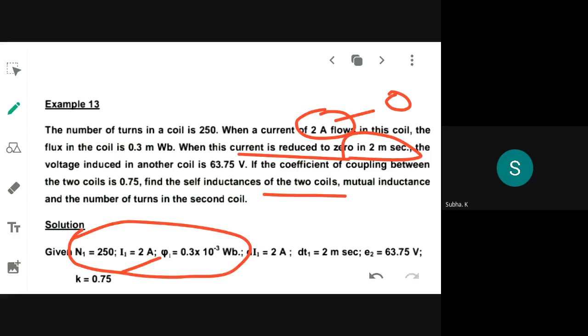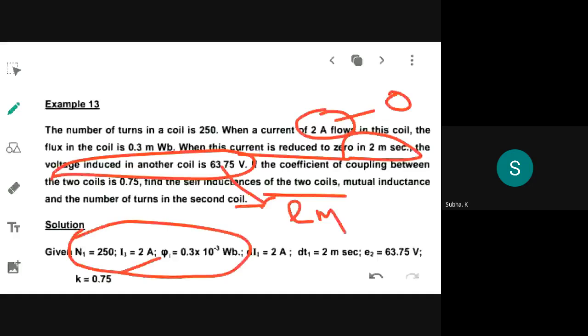Okay, and the voltage induced in the other coil, is that mutually induced EMF or self-induced EMF? Mutually, ma'am. Mutually induced EMF. Not self-induced EMF. There are two coils actually.